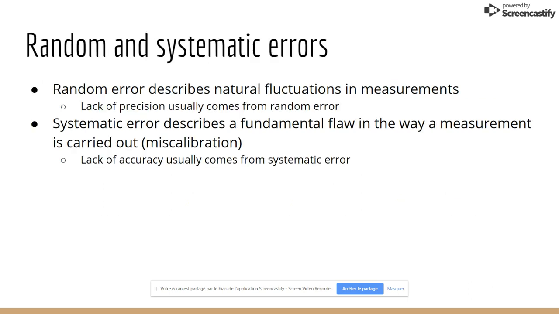Pause here. There are two different types of errors, and I just want to clarify that errors and mistakes are not the same thing. You can prevent mistakes. Mistakes are when you do the wrong thing, whereas errors are not always going to be preventable. Random error describes natural fluctuation in measurements, and this usually causes a lack of precision.